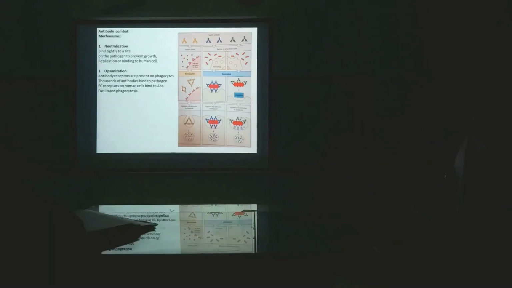And opsonization: as antibody receptors are present on phagocytes, thousands of antibodies bind to pathogens, and the Fc receptors on human cells bind to these antibodies. This is called facilitated phagocytosis, and we also call it opsonization.